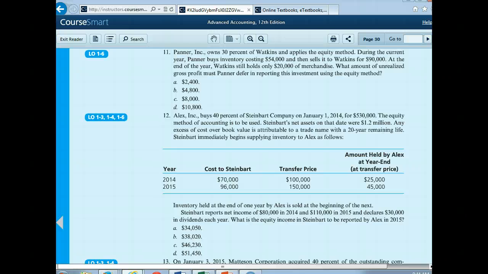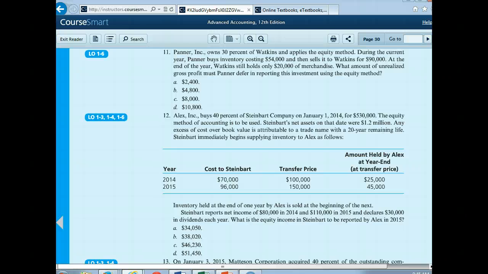Then cost to Steinbart of $96. The transfer price of $150 to me would mean that 150 minus 96 means $54,000 is the profit. $54,000 divided by the $150 is what our gross profit rate is going to be.